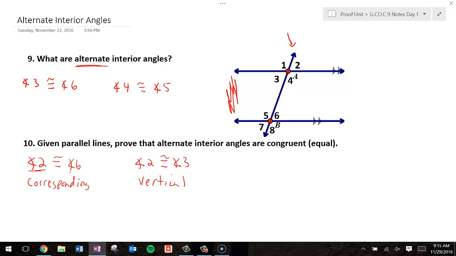Since I have this shared quantity of angle 2, we can use what's called the transitive property to state that since 2 is equal to each of these things, they have to be equal to each other. So we've got angle 3 congruent to angle 6. And that shows us that alternate interior angles will also be congruent.